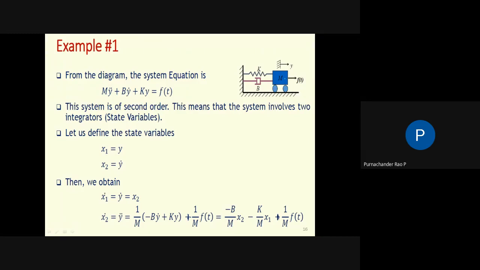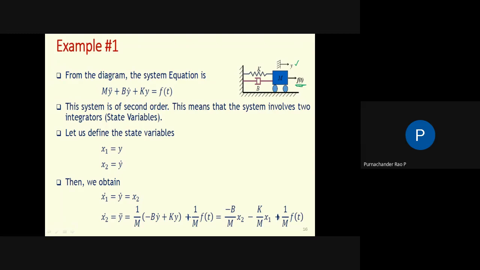We know that the input is f of t and output is y, which is called displacement here. If you apply Newton's law, your applied force F of t will be equal to m into a. M into a is nothing but m into d square x by dt square. So it can be represented as d square y by dt square.